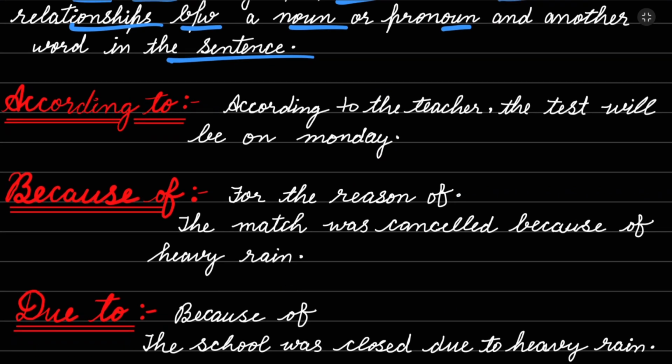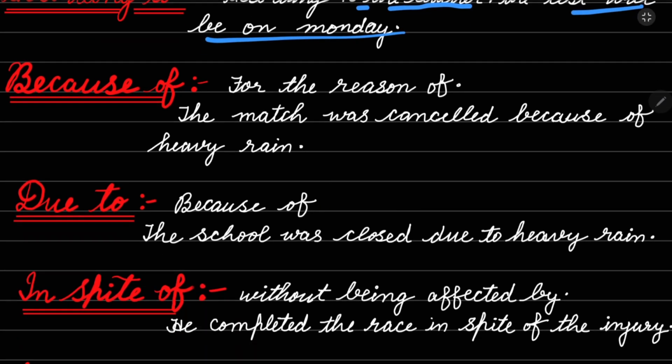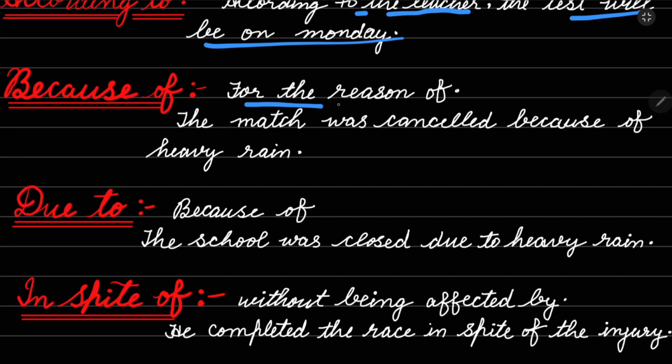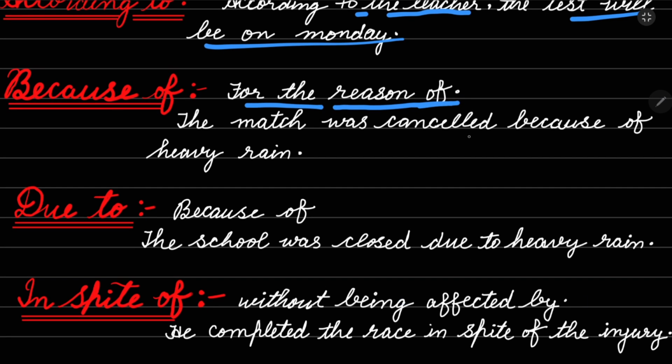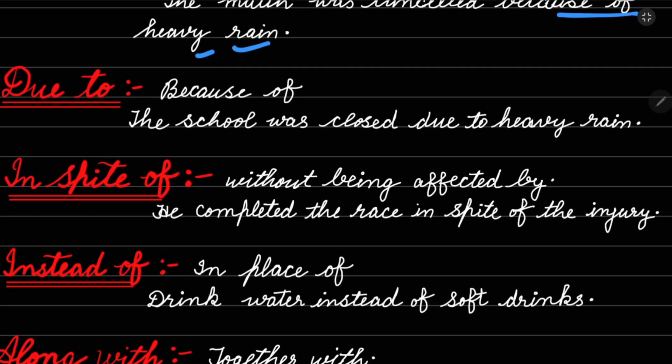For example, first is according to. According to the teacher, the test will be on Monday. Because of. It is used for the reason. For the reason of. The match was cancelled because of heavy rain. Means it shows the reason. Due to. Because of, same, the school was closed due to heavy rain.